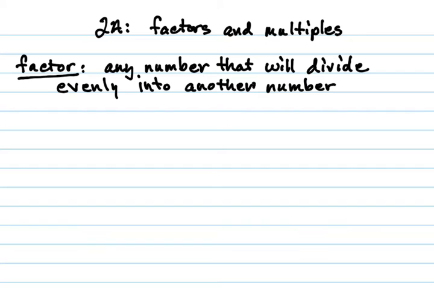Now, they have another definition, and that definition is based on multiplication. But when you're finding factors, we generally find them by using division. So the division definition is better here, because when you use factor as a verb, what does a verb mean? Yeah, it's a doing word, an action word.